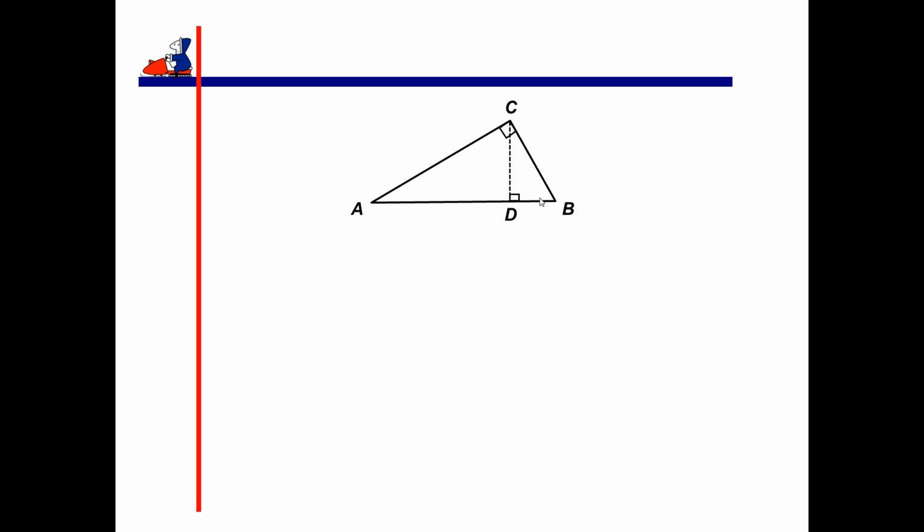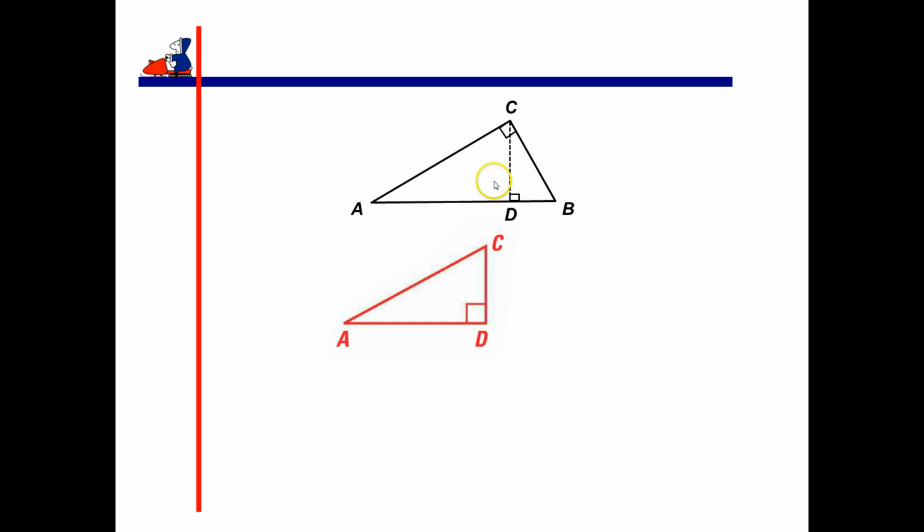So the small triangle is similar to the largest triangle. Likewise, I can perform the exact same argument for angle A. I have angle A that's being shared between the medium triangle and the large triangle. Therefore, by the double A similarity postulate, the medium triangle is similar to the large triangle.